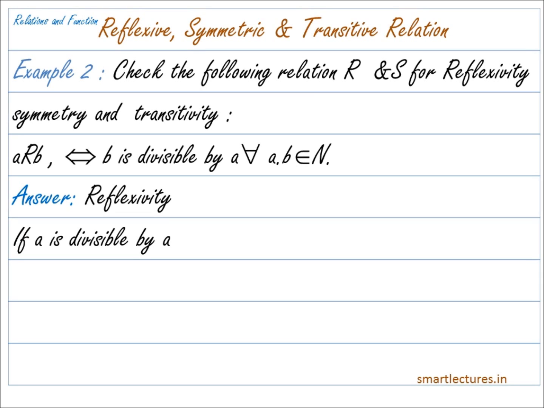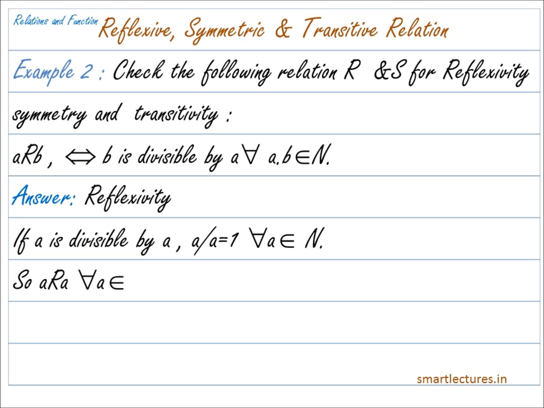We know every natural number is always divisible by itself, because when we divide a natural number by itself, the result is 1. That means a is related to a for all a which belong to natural numbers. So R is reflexive on N.